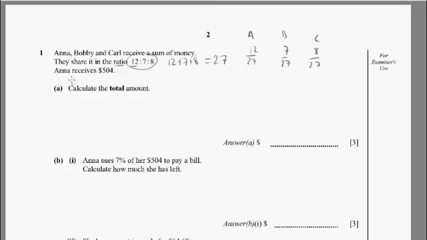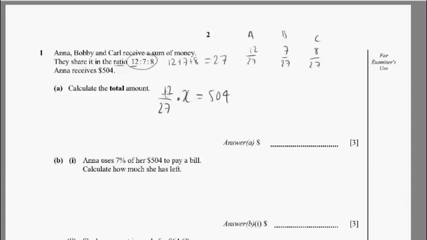So looking at it, if Anna receives $504, this implies that she's getting 12 out of 27 of some unknown total amount, which equals $504. So the question is, what is this unknown amount? So 12/27ths of this unknown amount, and we can use the variable x, but I'm putting a question mark just because I want you to think that's what we're trying to solve, the amount we're looking for.